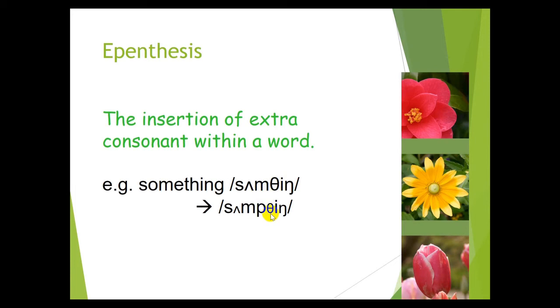So the velum has changed, the air goes out through the oral cavity now, while the tongue is still in bilabial position. So that's why we have p. Why? Because p is bilabial plosive. The position of the tongue is the same like m, but the air goes out through the oral cavity, same like th. So that is the answer.